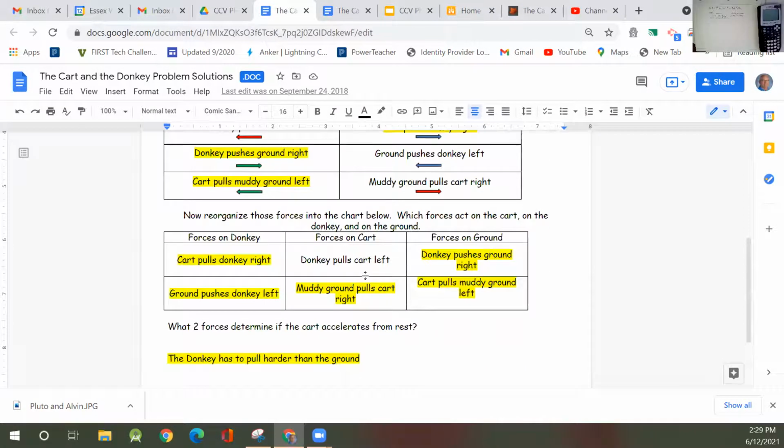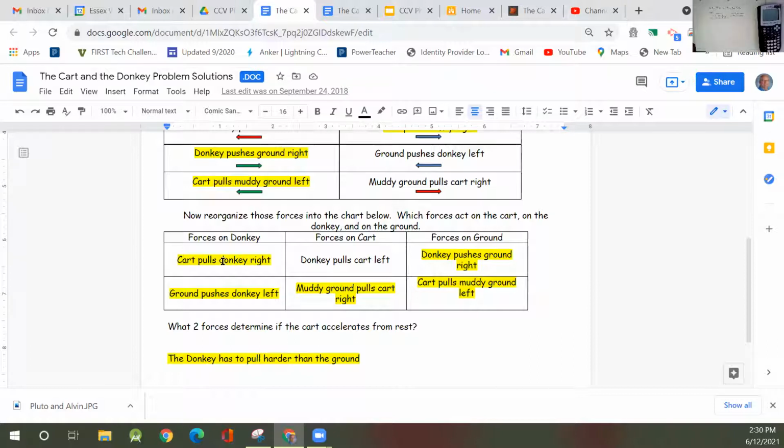So when we rearrange them, if we're trying to figure out whether this is going to move or not, we have to compare apples to apples and oranges to oranges. We have to compare forces on the donkey to other forces on the donkey, but not mix them. That's where the action-reaction pair got mixed. Cart pulls donkey right, and donkey pulls cart left, but these two forces, even though they're equal and opposite, don't cancel because they act on different things.